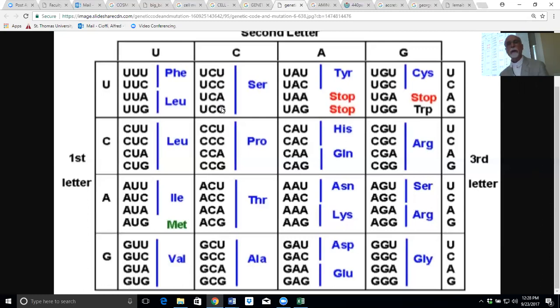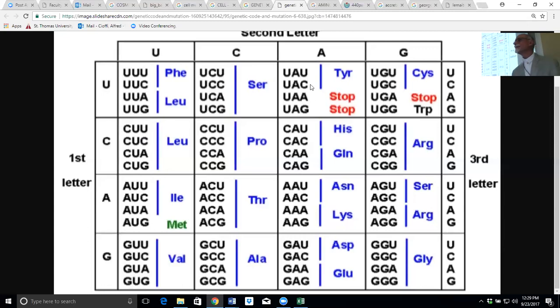It's called a wobble, don't worry about it, but this one is irrelevant. The first 2 are the ones that code for that particular amino acid. In this case, the wobble is only 2, uracil or cytosine, but the first 2 have to be always the same. So the first 2 are the ones that count, and the third base on the code can wobble around.